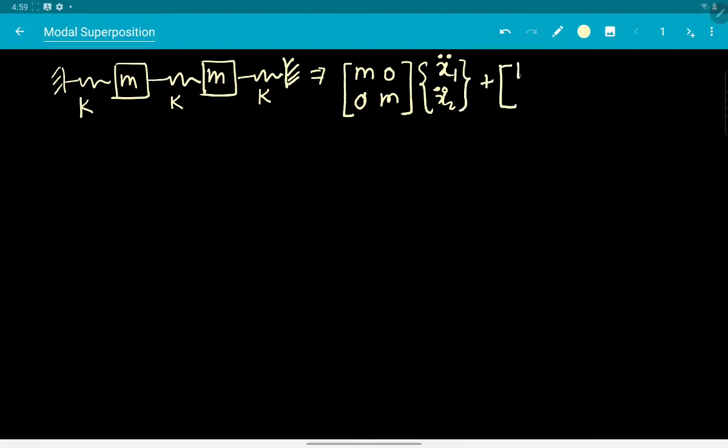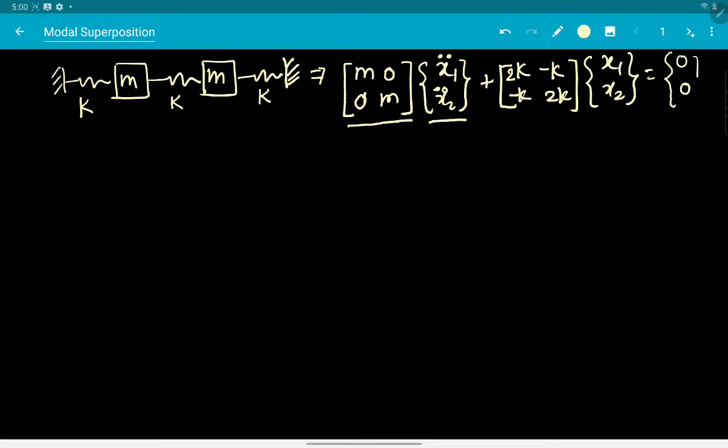The first one is the mass matrix, this is the acceleration vector, and then you have the stiffness matrix, and the displacement vector is getting multiplied to that stiffness matrix. When there is no forcing acting onto it, we write 0 0 over here.